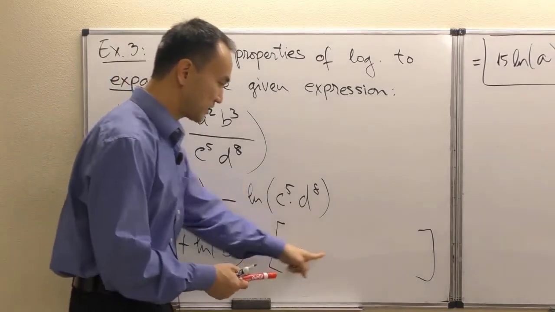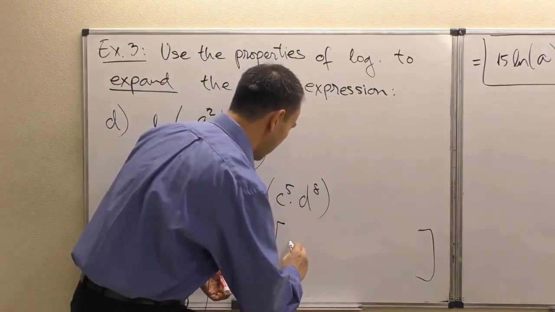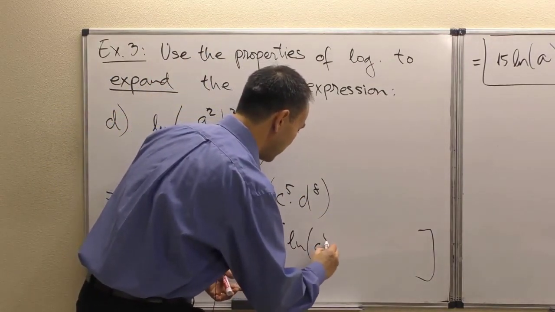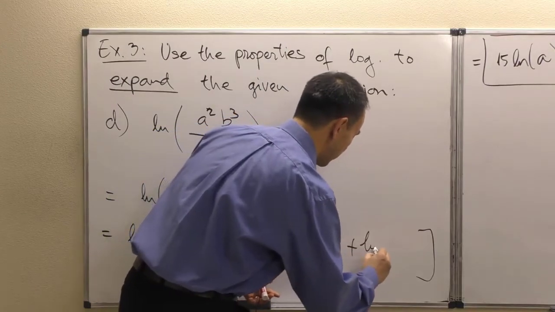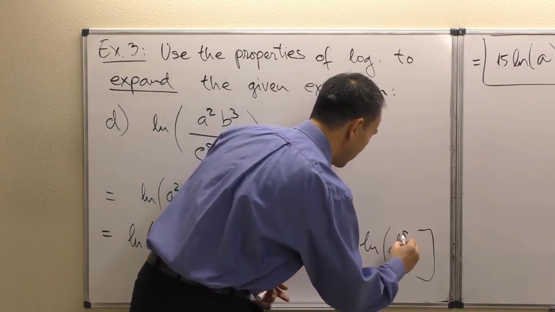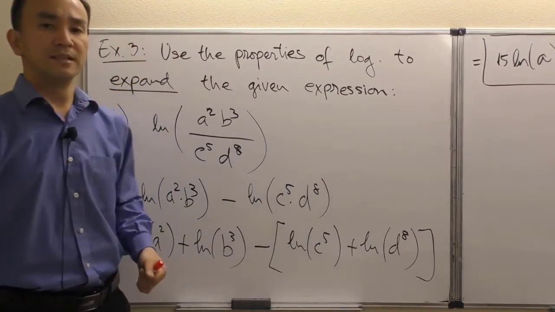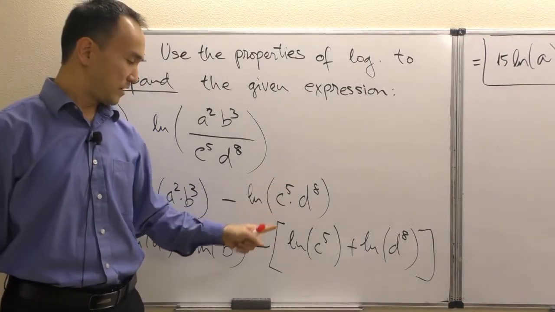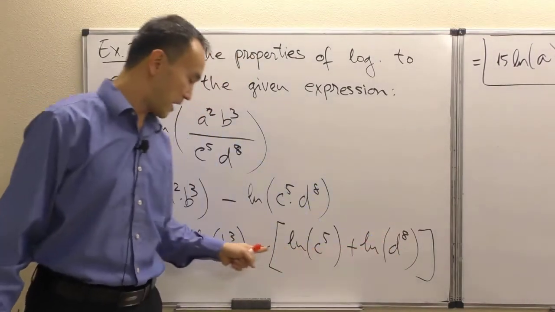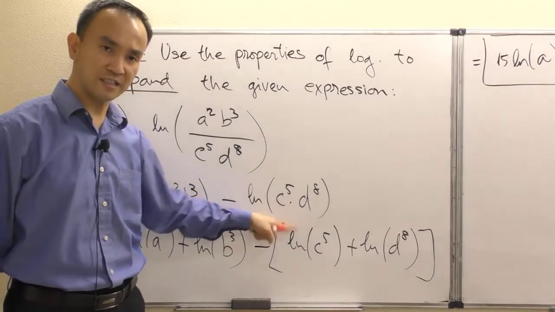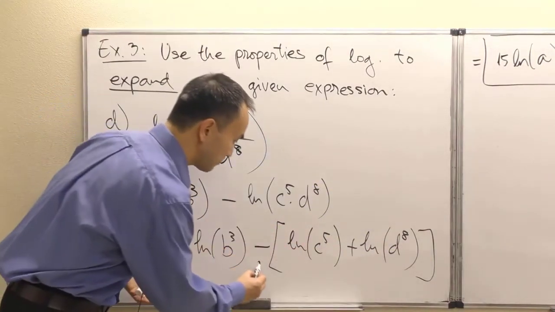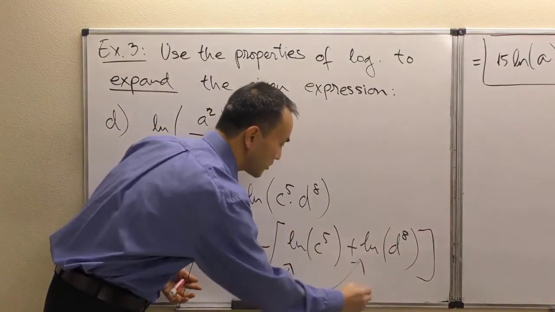So now inside of the brackets I can have a natural log of c to the 5th plus the natural log of d to the 8th. All right. And now we're going to have to remove the brackets here by distributing that minus sign to each term. So the minus sign is distributed to each term right here.